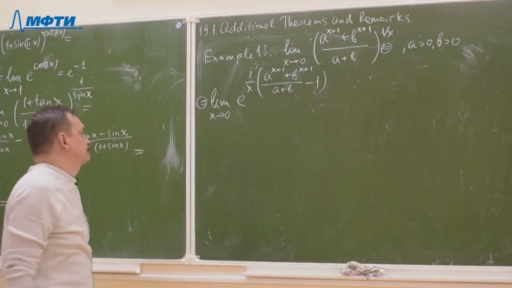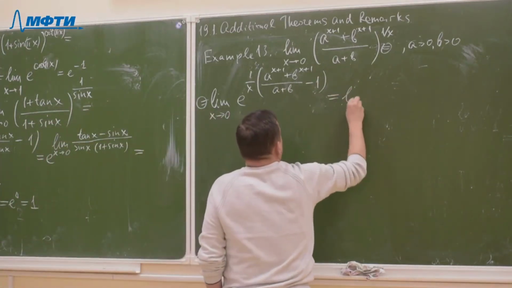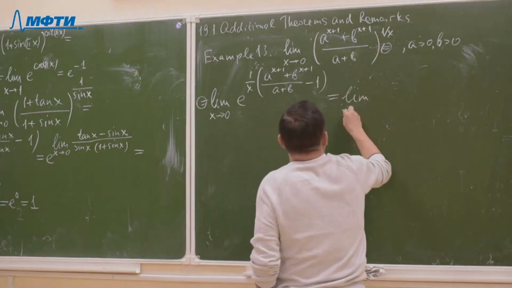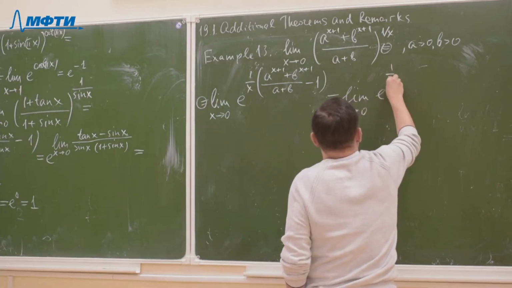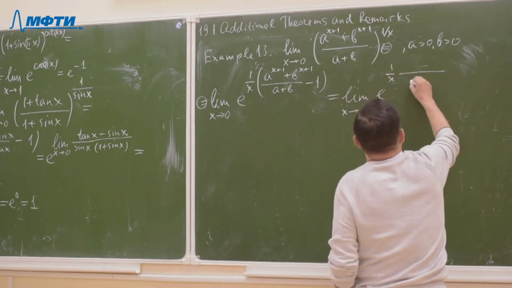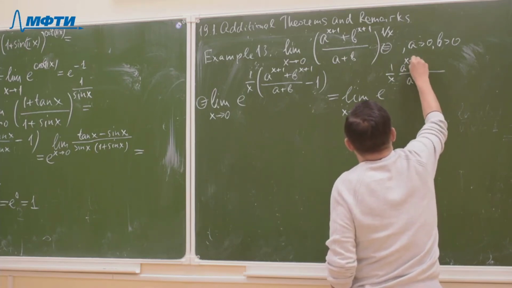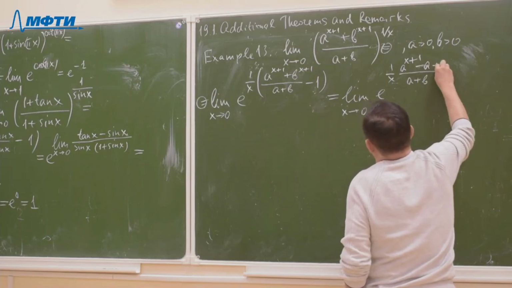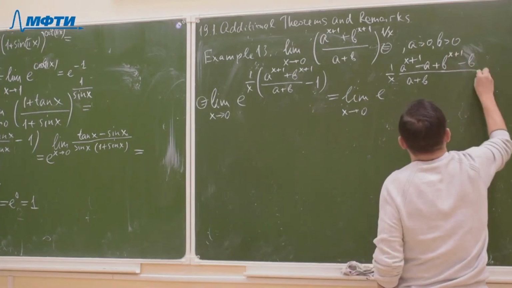That is the limit as x tends to 0 of e to the power 1 over x times (a to the power x plus 1 minus a plus b to the power x plus 1 minus b) over a plus b.